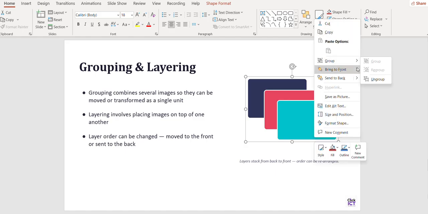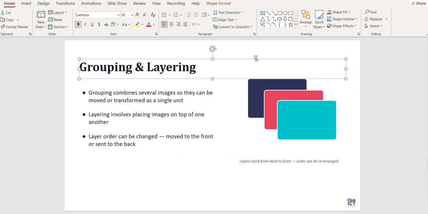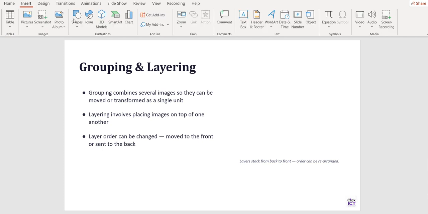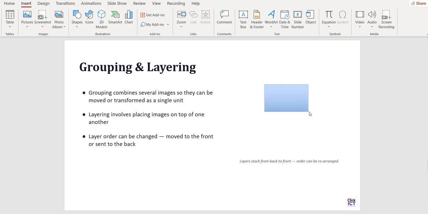I'm going to ungroup it because I want to explain the layering on the same rectangles. So grouping, we know, is combining different images and making them a single unit. And what is layering? Placing one image on the top of another. So I will delete these and add new rectangles.